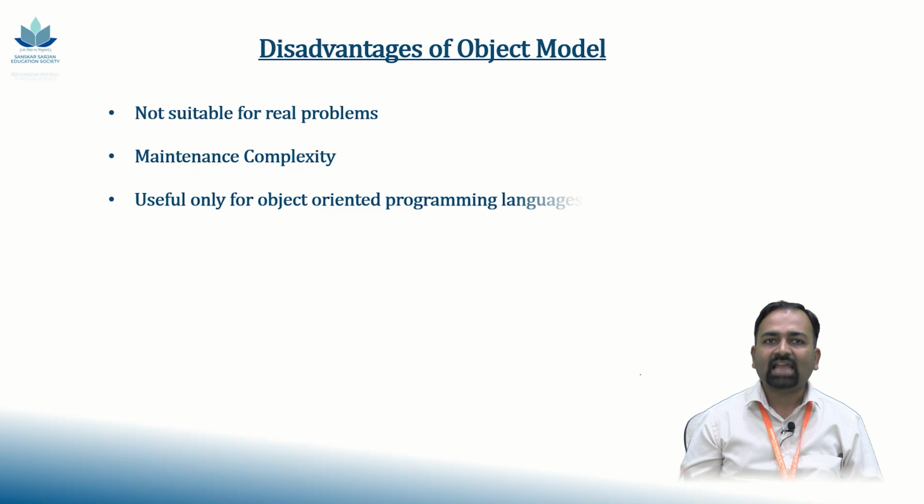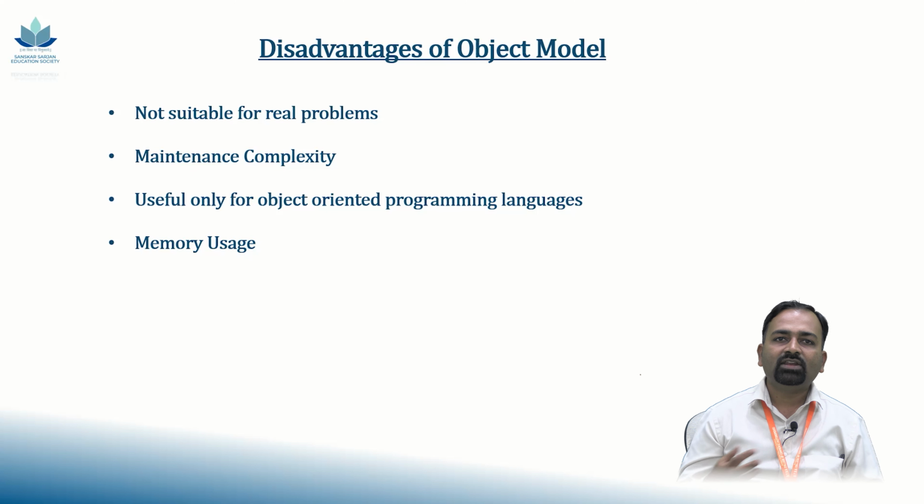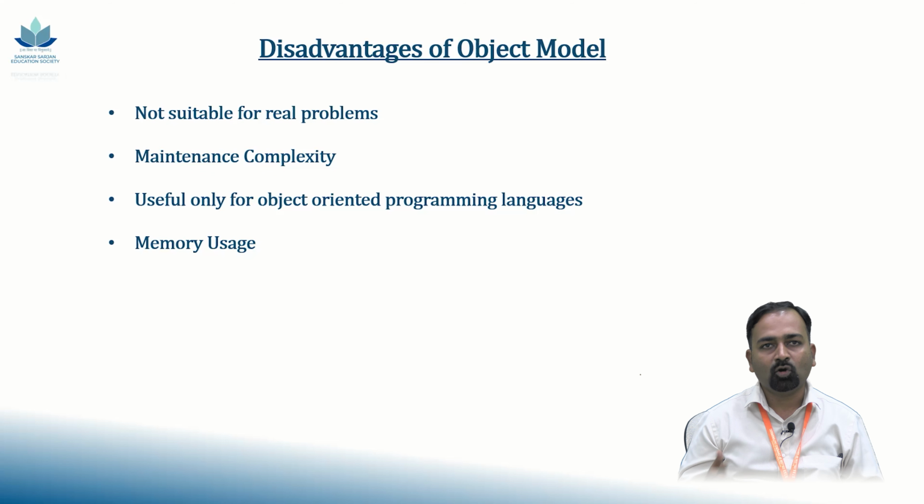Next, it is an approach which is useful only in object-oriented programming languages like C++, Java, Python and so on. Hence, it failed to find a place in other languages. After that, memory use. Object-oriented data structures can sometimes lead to increased memory use, especially when you want to deal with a large number of objects.